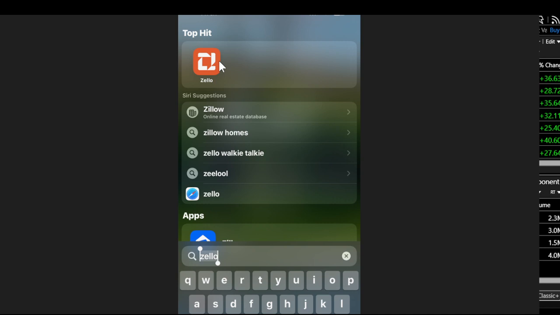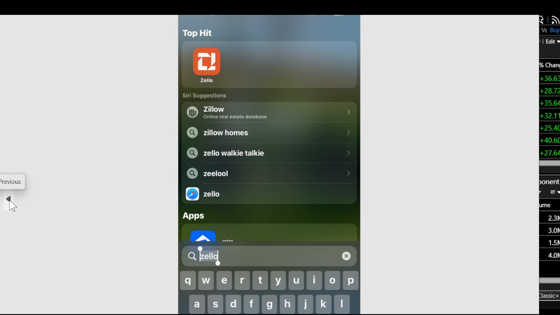It's a free app. You download it, and then you're going to register with it. You're going to register under the personal use, not under the work use or anything, because you're going to be able to use this for free.